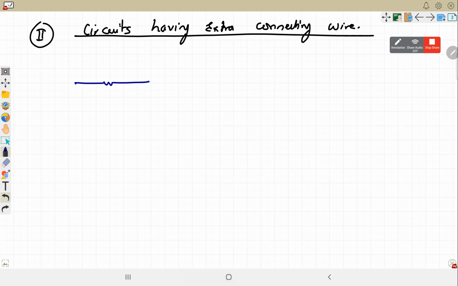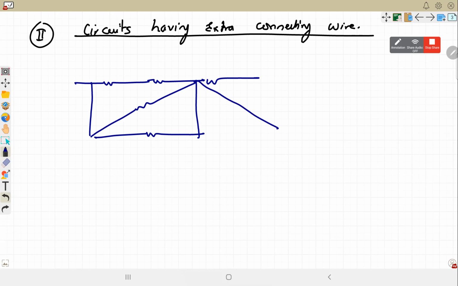So in any circuit, if there are different wires connected, maybe like this. So this is the circuit between A and B, and there are different R, and R. Now these points are connected together.